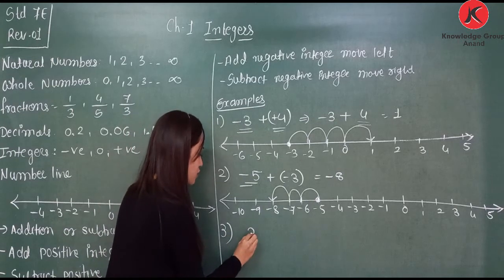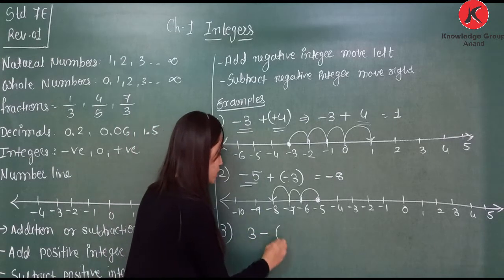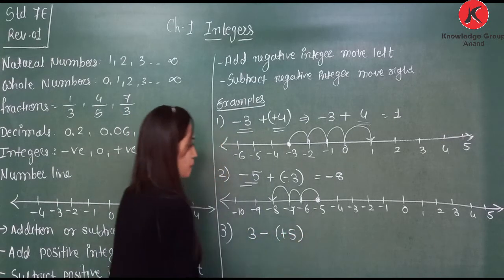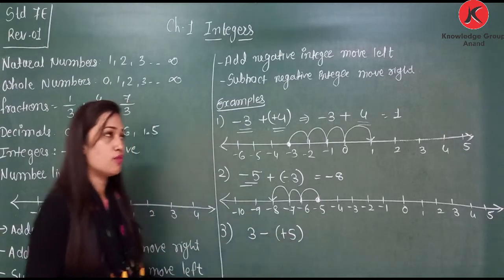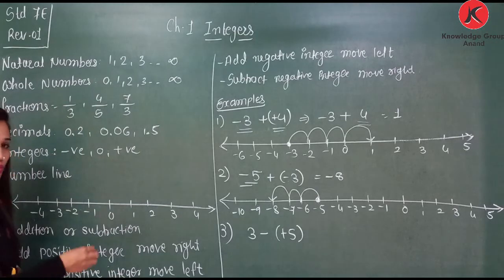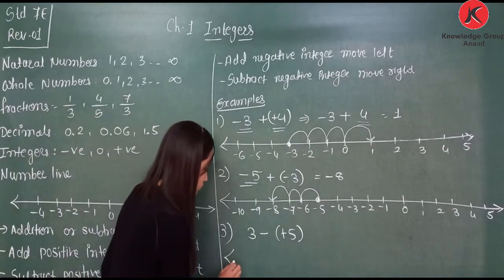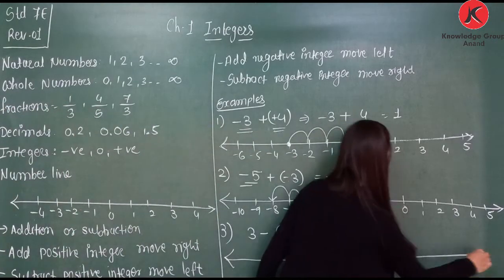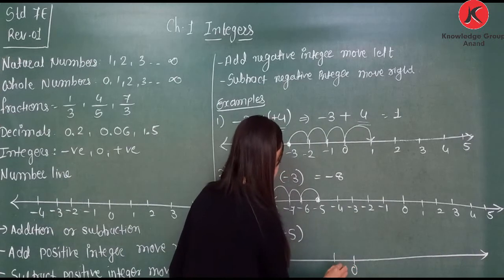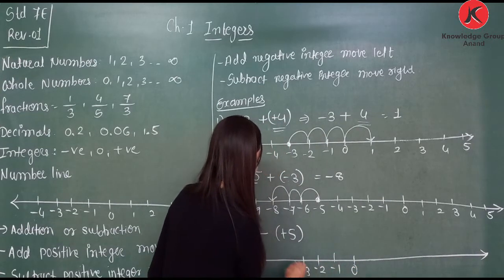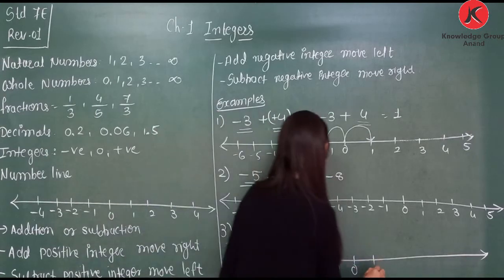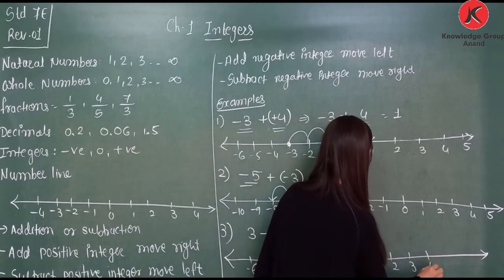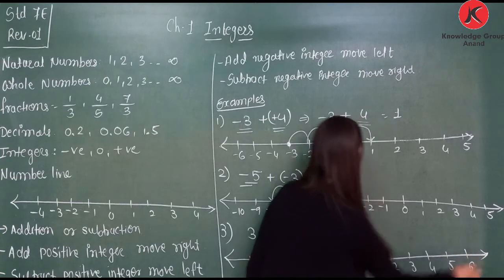Now, if the first integer is positive and we subtract a positive integer, what is the statement? Subtract positive, move left side. First draw the number line with -4, -5, -6 and 1, 2, 3, 4, 5 and 6.